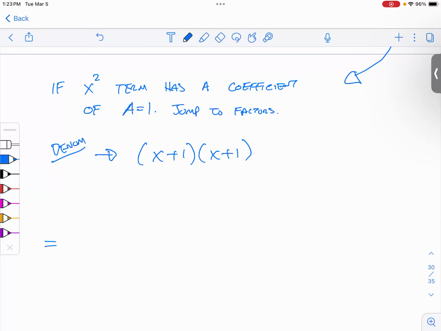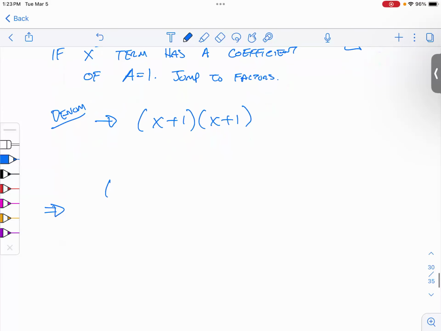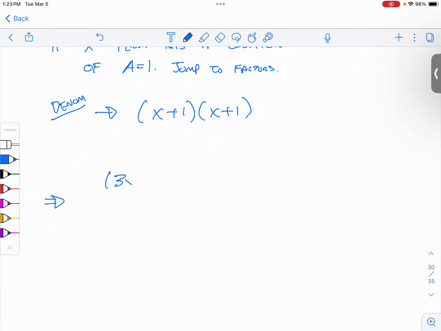Okay, so all this comes back to 3x plus 1 over x plus 1 divided by x plus 1 times x plus 1. And what do we see here?